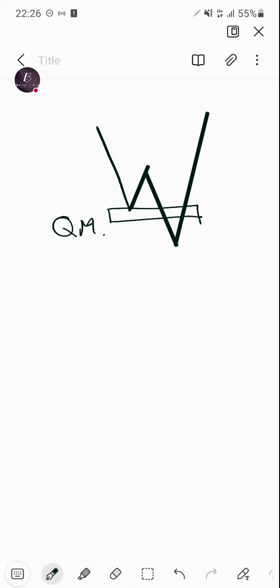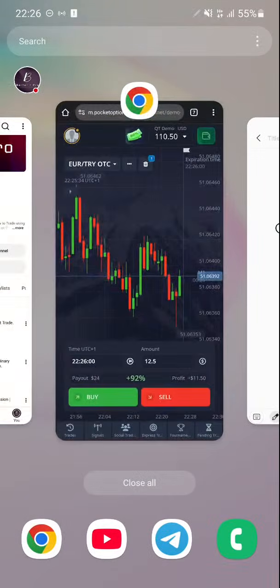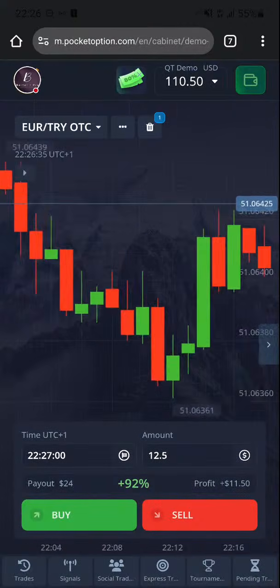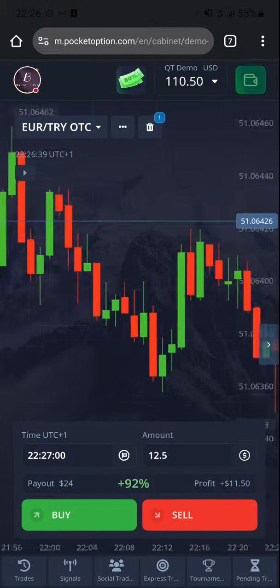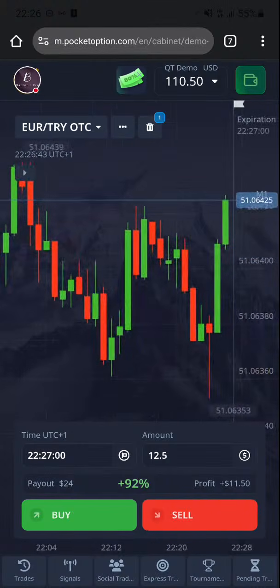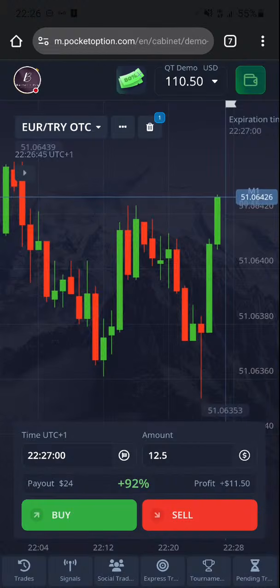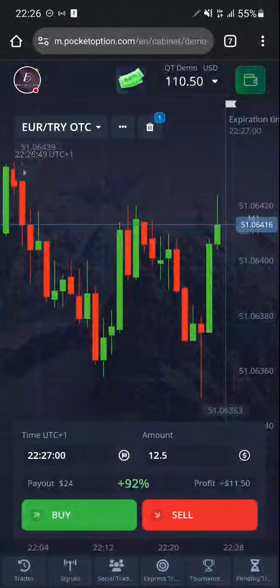Now, let me show you from these movements. You see this red, this push to the downside. Let me mark it for you so that you can see it clearly.